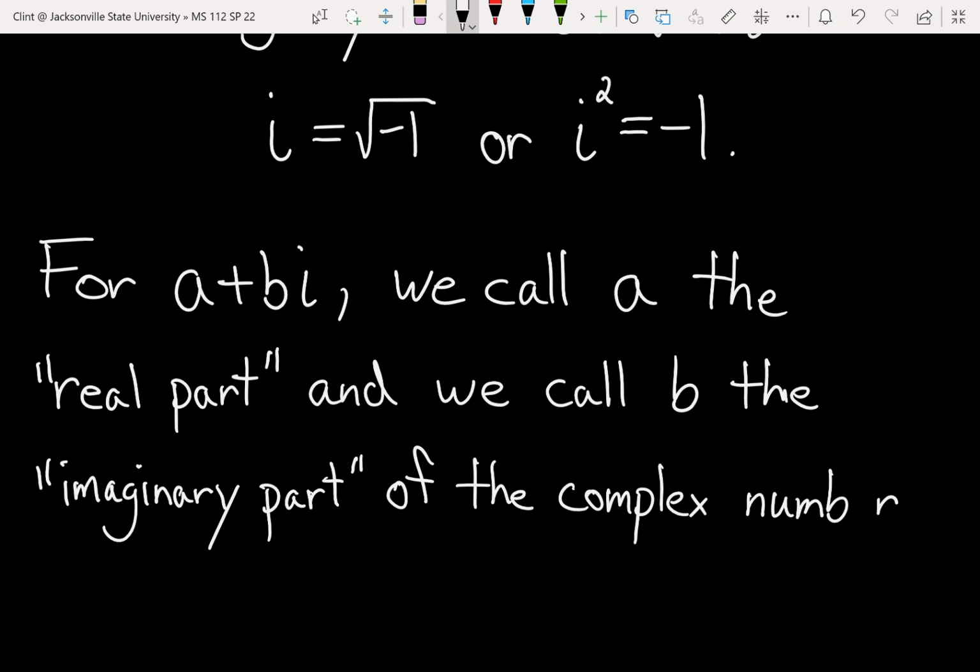So if I ask you what the real part of a + bi is, a. If I ask you what the imaginary part of a + bi is, b. Not bi, b.